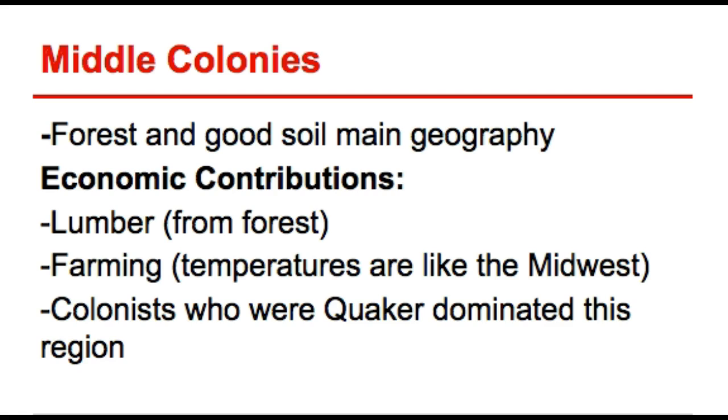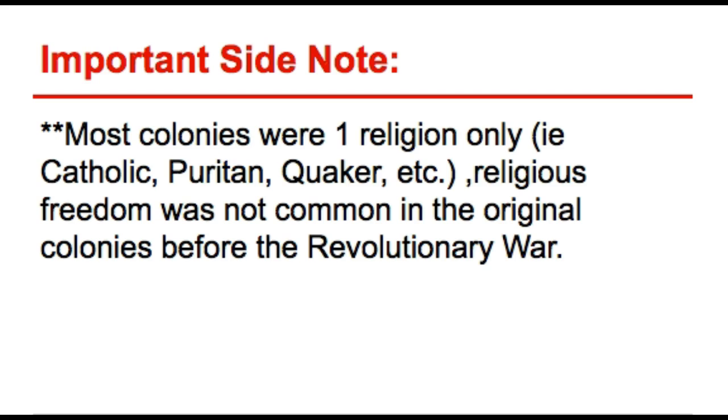So one interesting thing, once you have this written down, so pause it if you need to. One really interesting thing to note is that most colonies were only one religion at a time. So there was either a whole colony of Catholics, of Puritans, Quakers, Pilgrims, etc. Religious freedom was not common in the original colonies before the Revolutionary War.